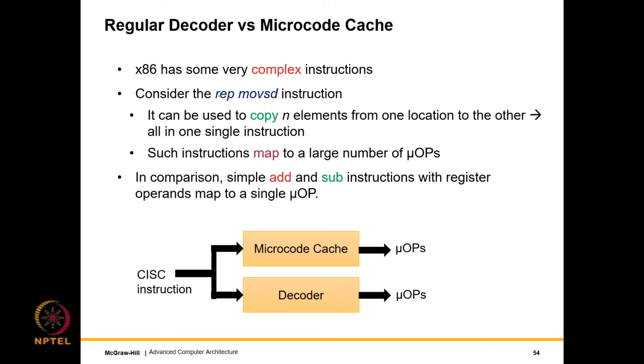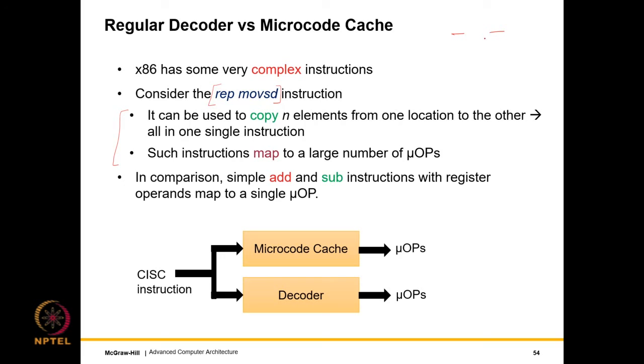Let's come to x86 and show the example of one of the instructions which can become very complicated. It is the rep movs instruction. It embeds an entire loop within one instruction itself. It can be used to copy n elements from one location to the other. The locations are implicit: two registers, ESI and EDI.